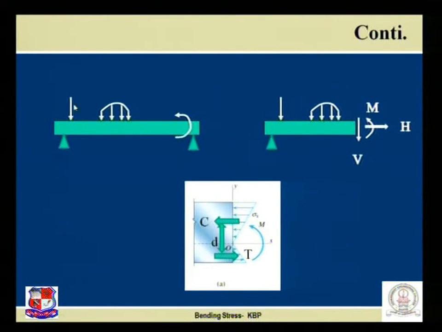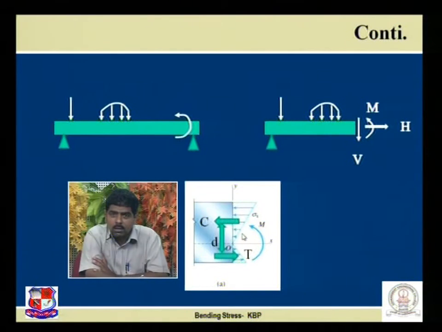Because of the external loading acting on a beam, my beam bends. And because of the generation of bending moment, to resist this bending, compressive force and tensile force are developed at that particular section.